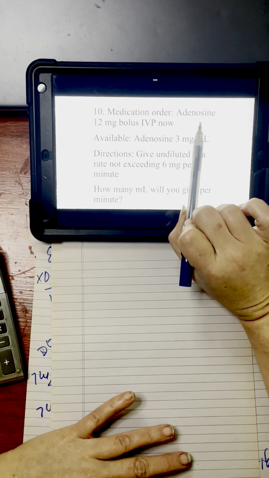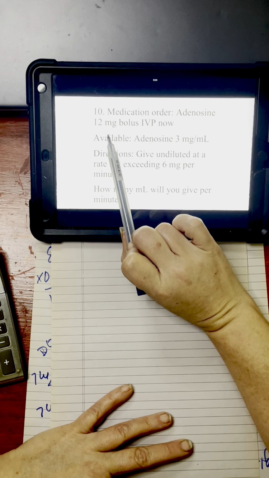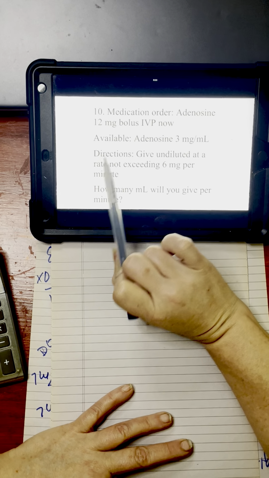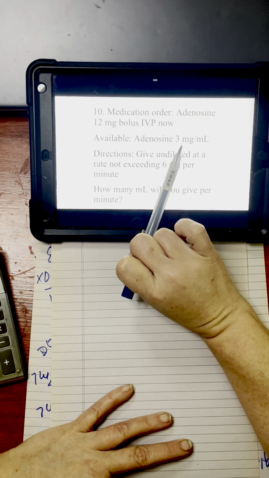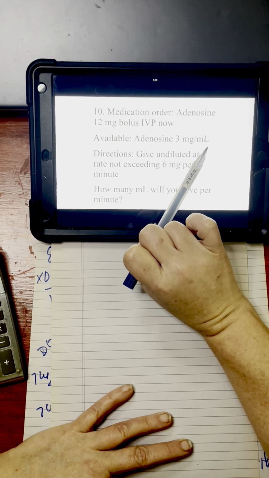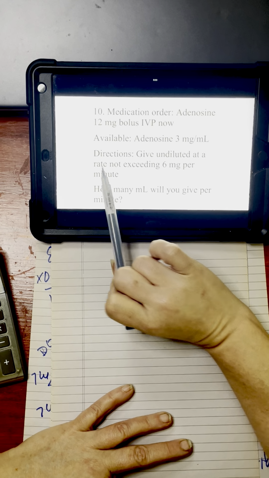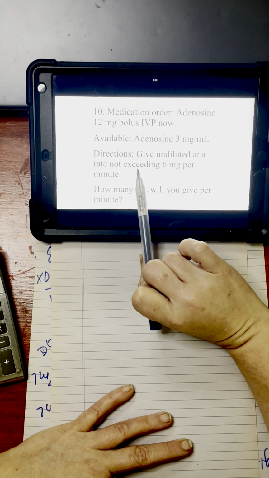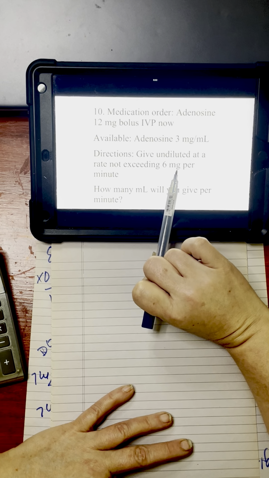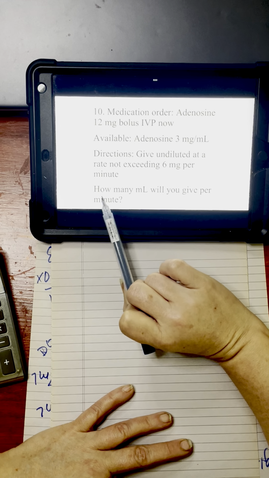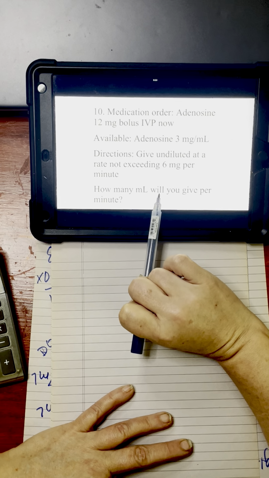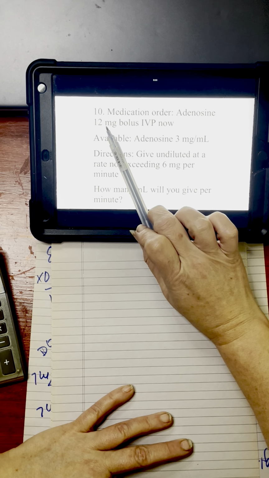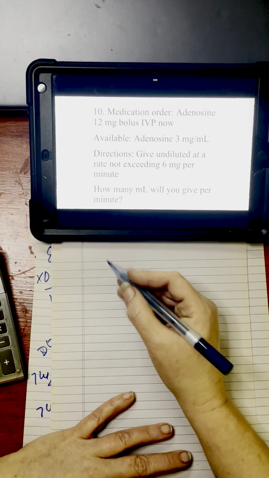The medication order is for adenosine 12 milligram bolus IV push now. Available, you have adenosine 3 milligrams per milliliter. The direction is to give it undiluted at a rate not to exceed 6 milligrams per minute. So how many milliliters will you give per minute? All right. What he wants is 12 milligrams.